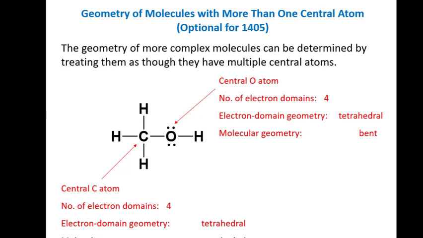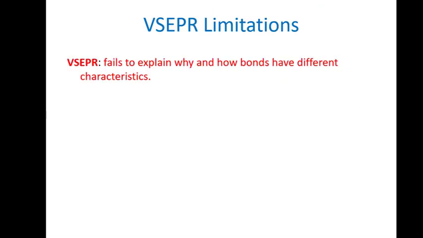The oxygen, similar to the one in water that we just did, has 4 electron domains, but 2 bonded atoms. So the electron domain geometry is tetrahedral, but the molecular geometry is bent. So you will say that for this molecule you have tetrahedral geometry around the carbon and bent geometry around the oxygen. You cannot say this molecule has a single molecular geometry overall. There's no such thing.